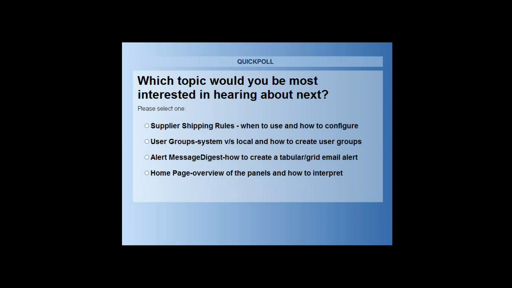So on this, we have shipping rules, how to use those and configure them, the user group, the system versus local, and how to create the user group, an alert message digest, which would create a nice email alert in a grid form or tabular form. That is pretty neat if you've not been exposed to that. And the home page overview, what each of those panels are and how to interpret them.